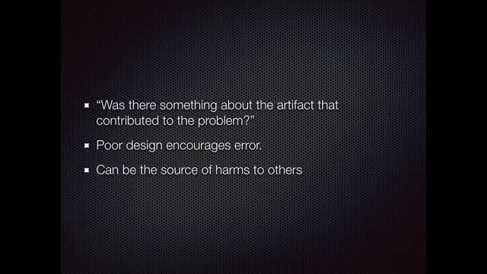So even when the first two conditions are not met, in other words, in situations where the operator is not in error and circumstances are not unique in some way, we know that what's left is the artifact. And we can ask whether it's one aspect of the artifact, or the entire design, that's error provocative in some way, and because of that, it's possible that an artifact can be the source of harm to other individuals.